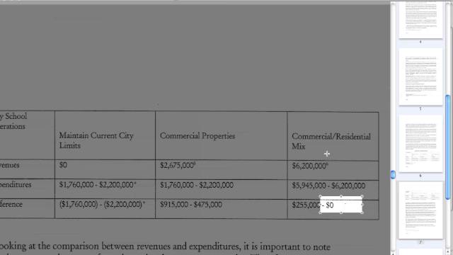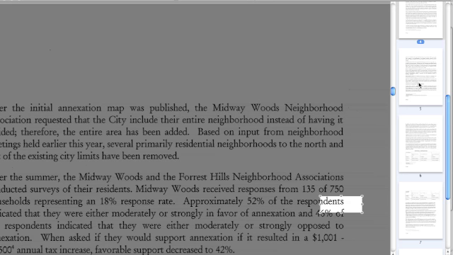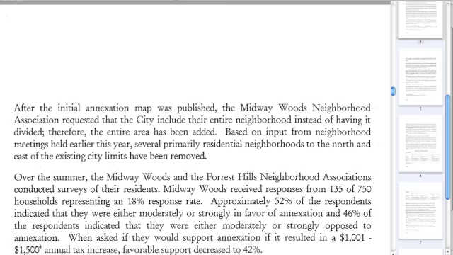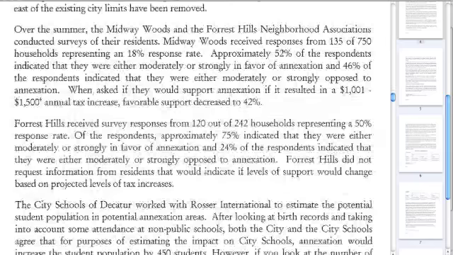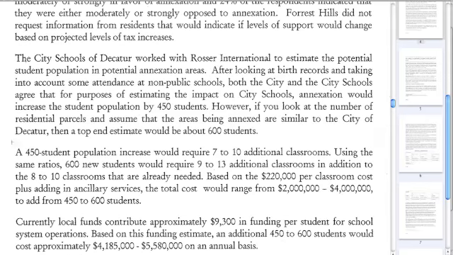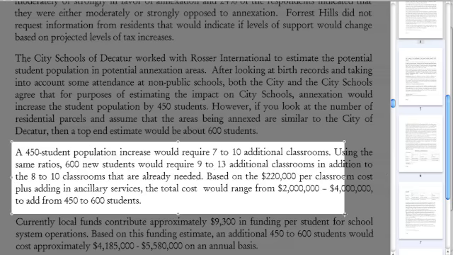So that's just what happens by correcting this one number. But unfortunately, it gets a little worse. How does the report calculate expenditures? There are a number of different things we could look at here, but I just want to highlight this paragraph, which is the most striking.